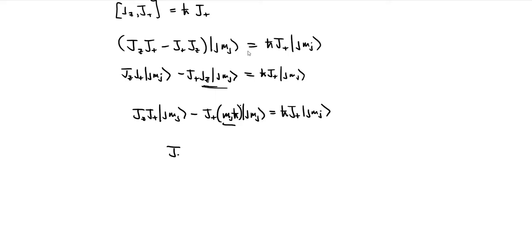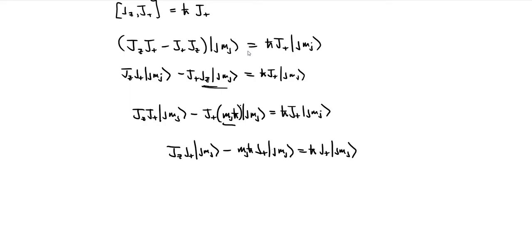And again, I'm going into a lot of detail here that might be obvious to some of you, but let's just do it anyway. J_+ |j m_j⟩ is equal to ħ J_+ |j m_j⟩.